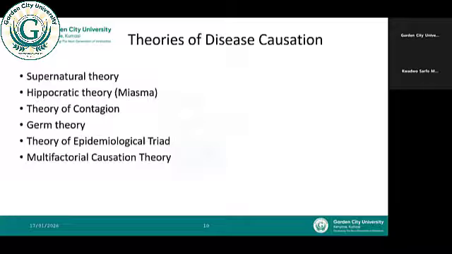Then multifactorial causation theory. So for the epidemiological triad, you have the host, then the pathogen, and then the environment. And you can have disease caused by multiple factors. So all these beliefs were put together, and then we understood the microorganisms, and then microbiology evolved with time.